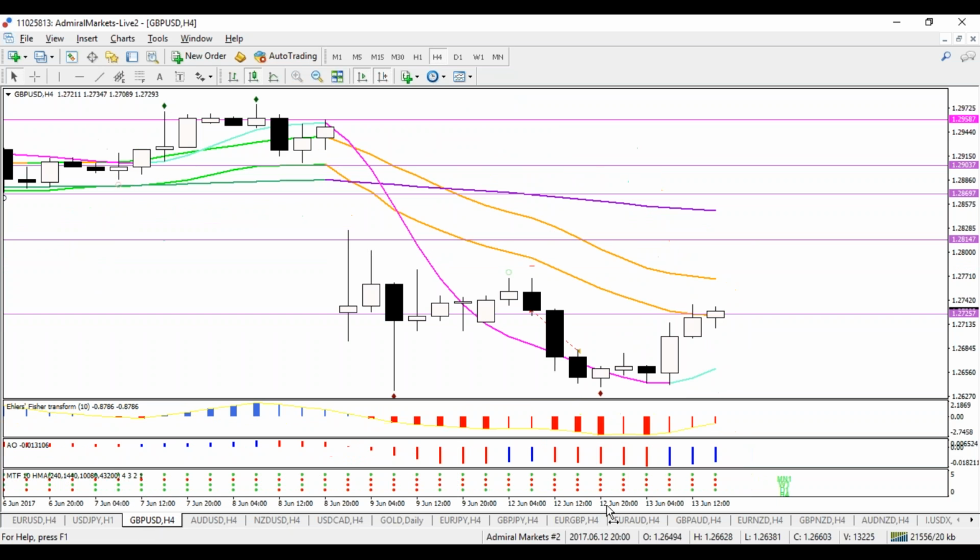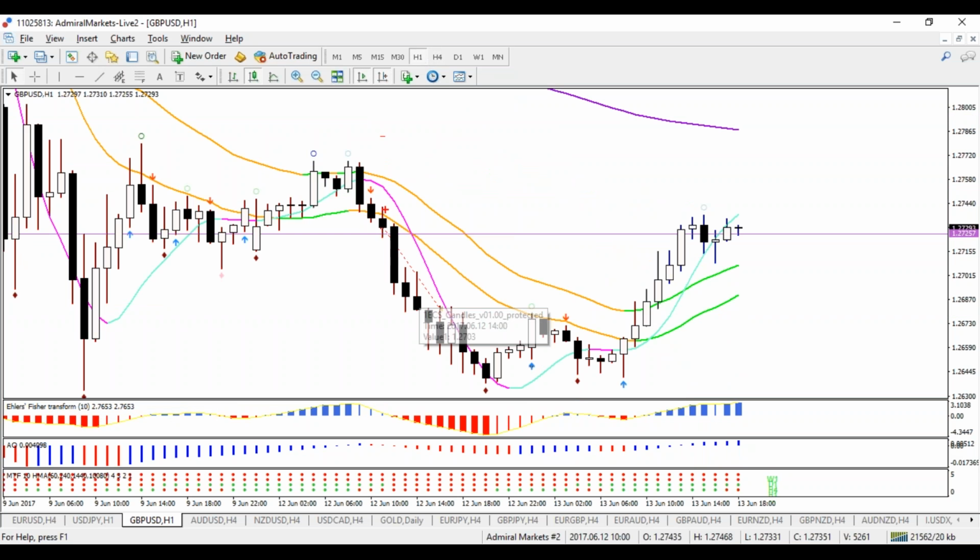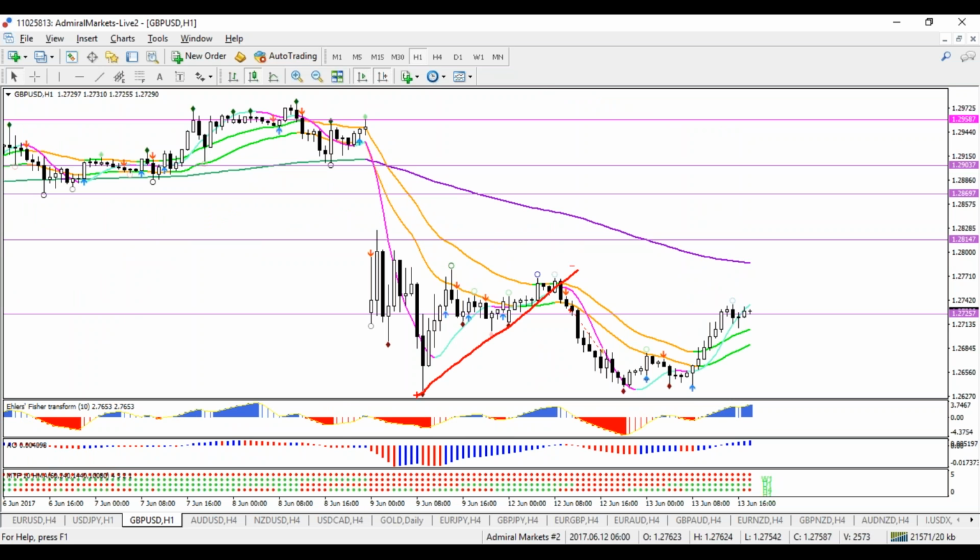The pound, I myself took a trade. You can actually see the lines indicating the short from here to here. I exited a bit too early, but that was 50 pips. I was shorting the break of this.